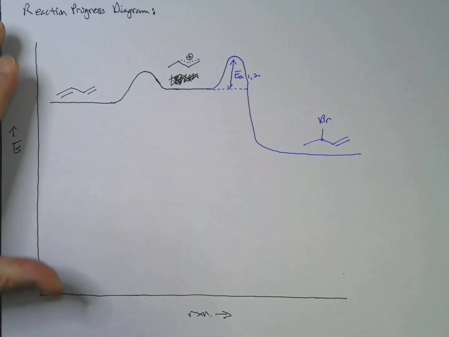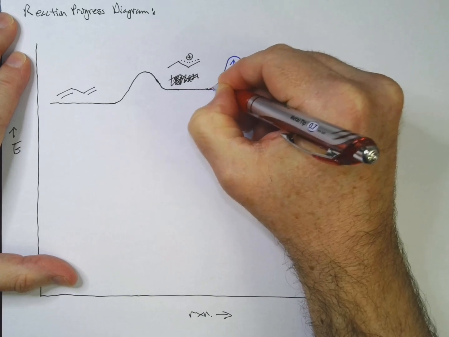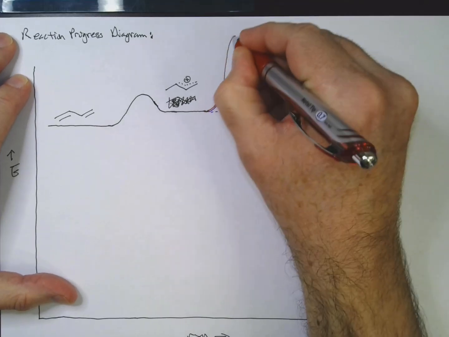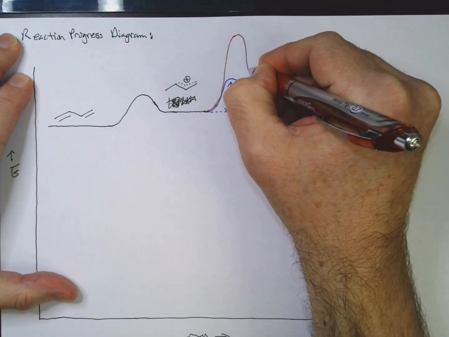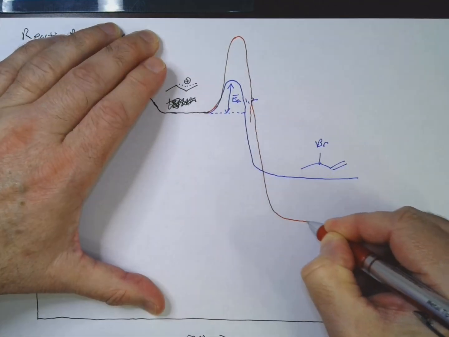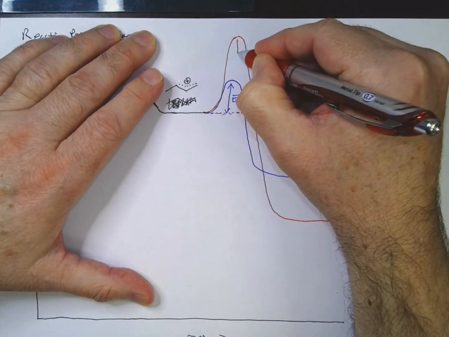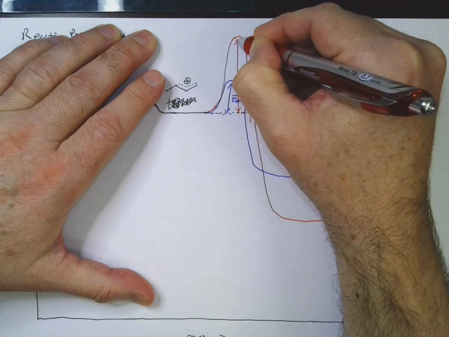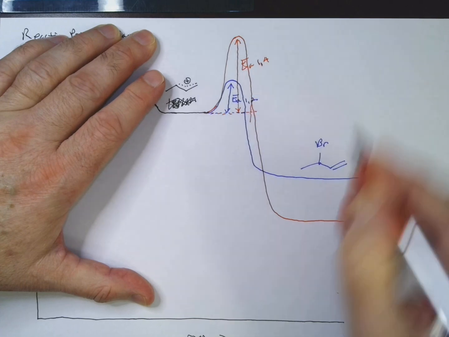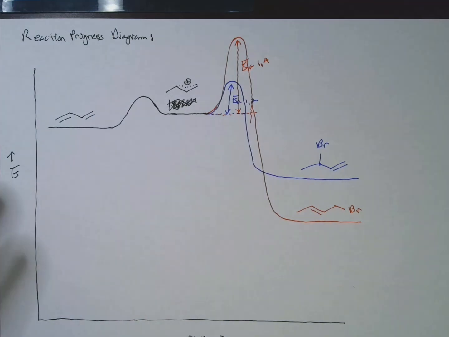But now in red, I'll have higher activation energy. Let me try to get this leading to a lower energy there. So this is my EA14, and that gives me my 1,4 addition product.